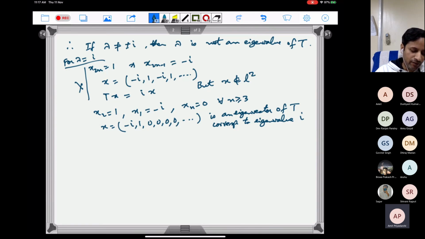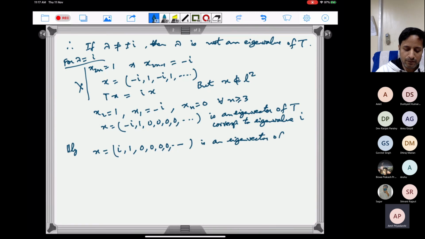So if I take x equal to (iota, 1) and then all the rest are 0, this is an eigenvector for eigenvalue minus iota.